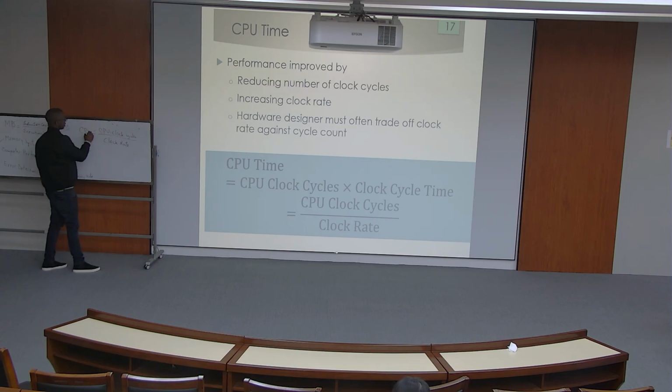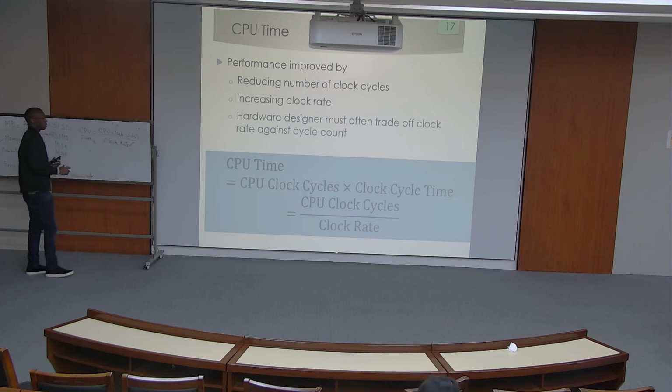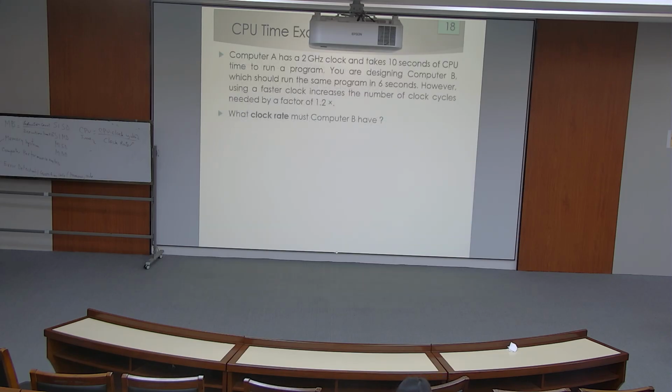So if you want to decrease the CPU time, you can increase the clock length or decrease the CPU clock cycles. Because we always look to get the result from our computer in less time.